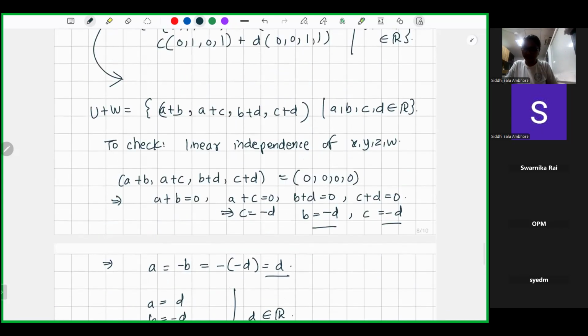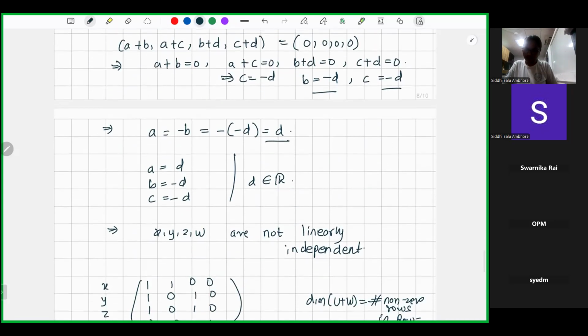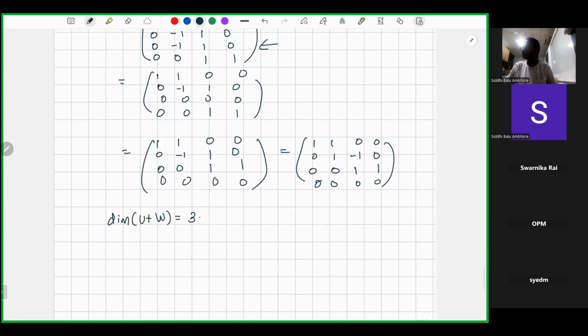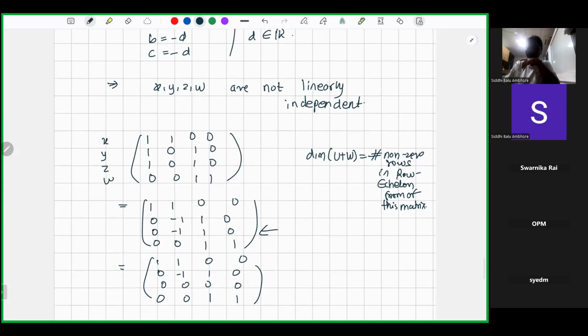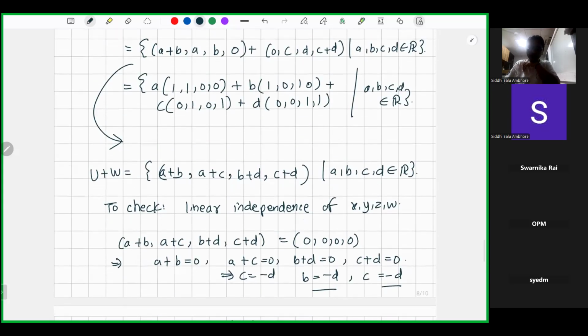So can we write it as a linear combination?